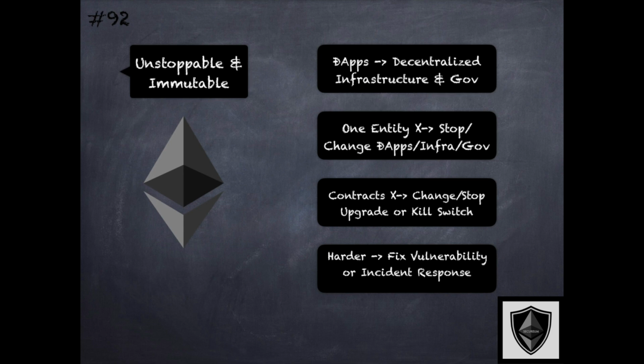So from a security perspective, this makes it really hard to ship the software, because once you ship it, once you deploy it, if there are any vulnerabilities found, it's very hard to fix it.